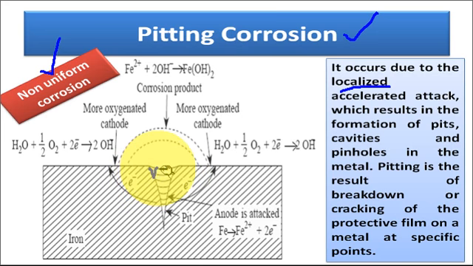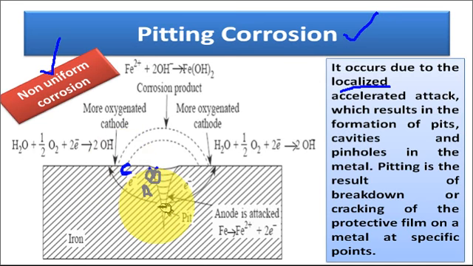So when some crack is there in the oxide layer of the metal surface, the area present in the crack is the less oxygenated area, and this less oxygenated area behaves as the anode, while the other remaining large area will behave as the cathode.